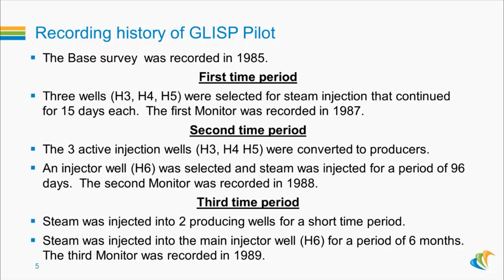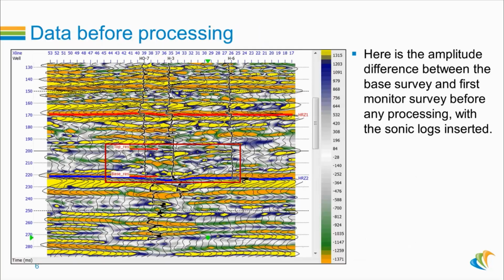And finally, in the third time period, steam was injected into 2 producing wells for a very short time period, and then it was injected into the main injector well, H6, for a period of 6 months. And then the third monitor was recorded in 1989. So that gives you a kind of background of the actual steam injection process that was used in this survey.